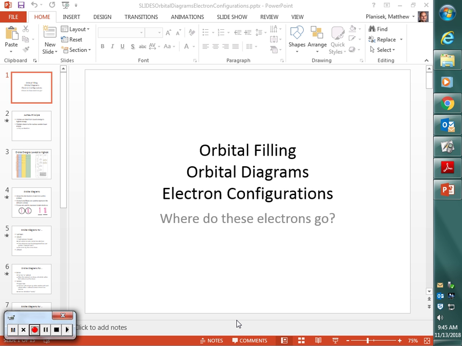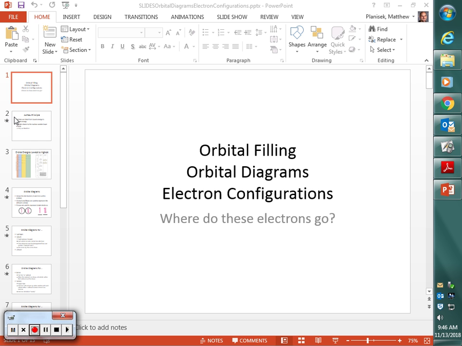Right at the end of class, we got into the idea that yes, all of those orbitals exist around the nucleus, but that doesn't mean there will necessarily be electrons in all of them, for two reasons. One, a lot of atoms don't have enough electrons to fill up all of those orbitals. And two, because they all correspond to different amounts of energy, some orbitals are more likely to have electrons in them than other orbitals.